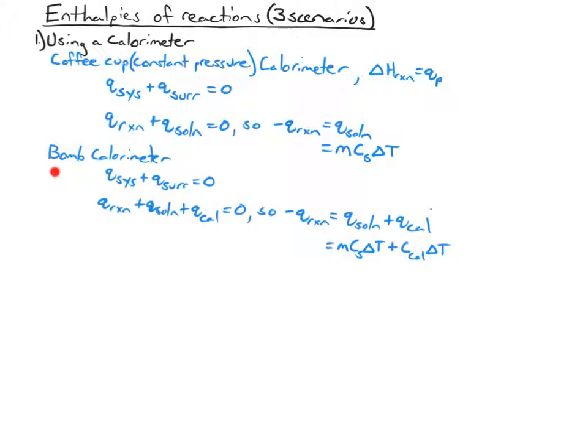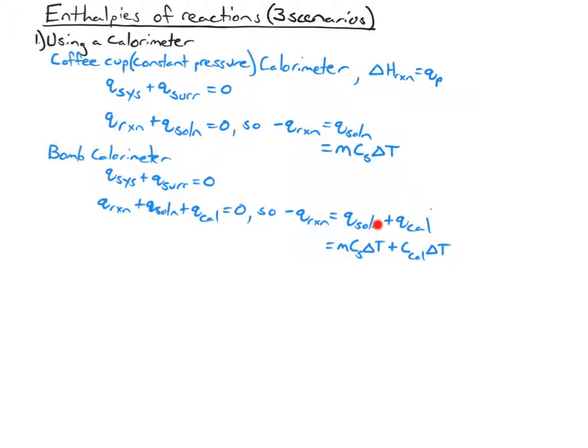Now for a bomb calorimeter, it's slightly different. We can still think of Q of the system and Q of the surroundings. But we have to remember that Q of the system can be rewritten as Q of the reaction, but our surroundings now include both the solution inside the calorimeter as well as the calorimeter itself. So we can rearrange this to minus Q of the reaction is equal to Q of the solution plus Q of the calorimeter.